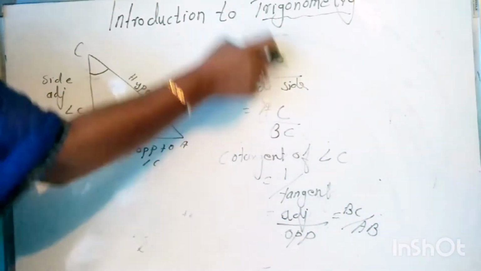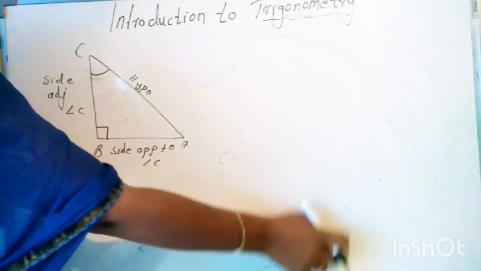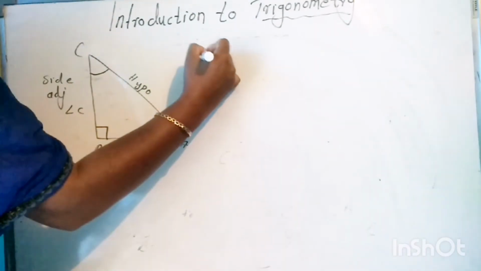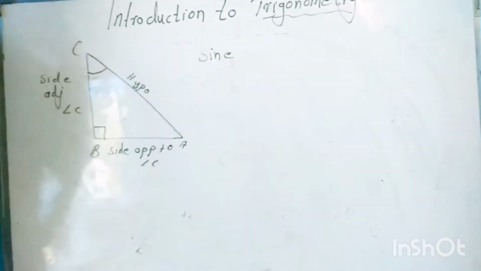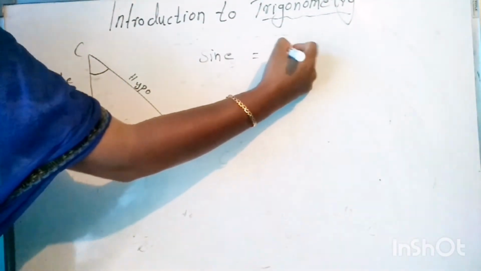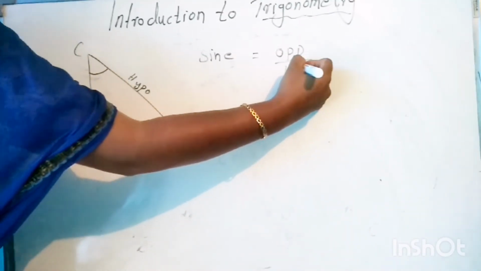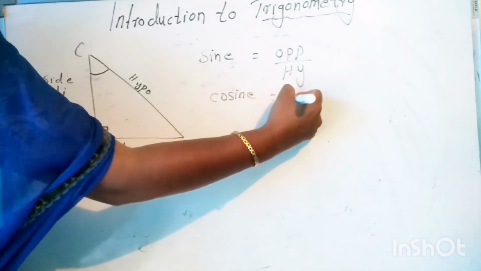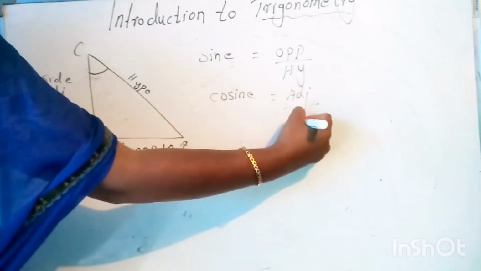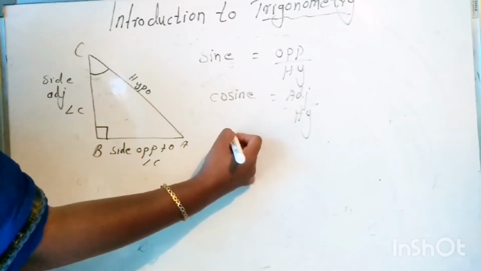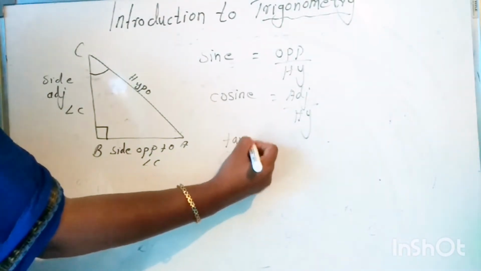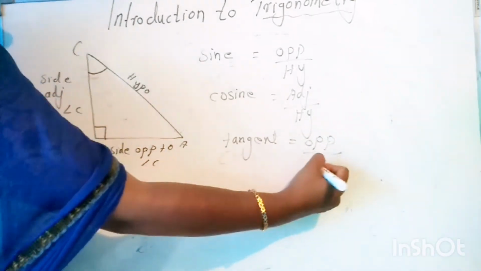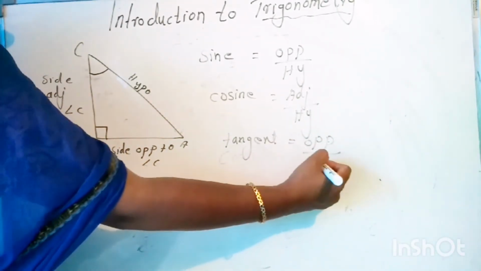So those 6 trigonometric ratios, I will explain once more. The first one is sine, that is opposite side divided by hypotenuse. The second one is cosine, that is adjacent side divided by hypotenuse. The third one is tangent, opposite side divided by adjacent side.